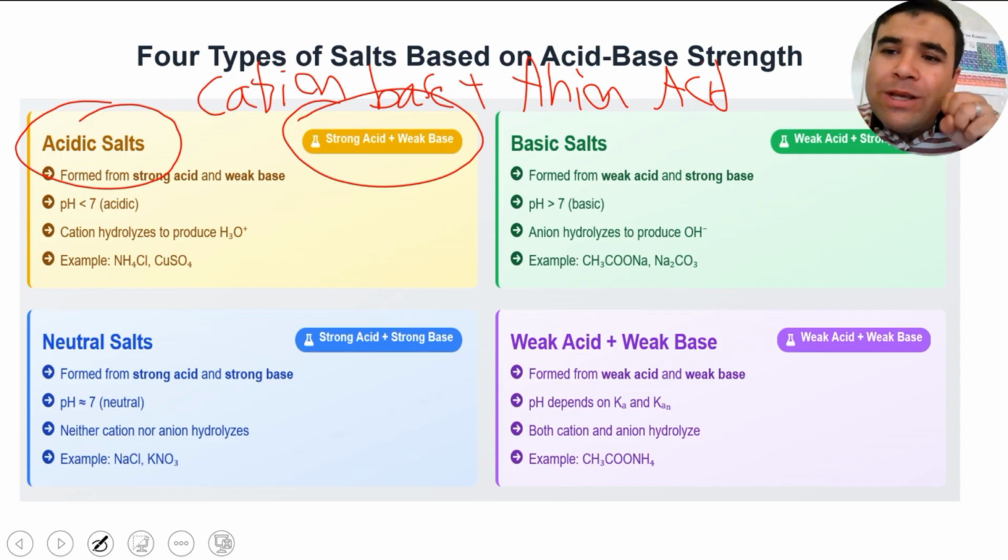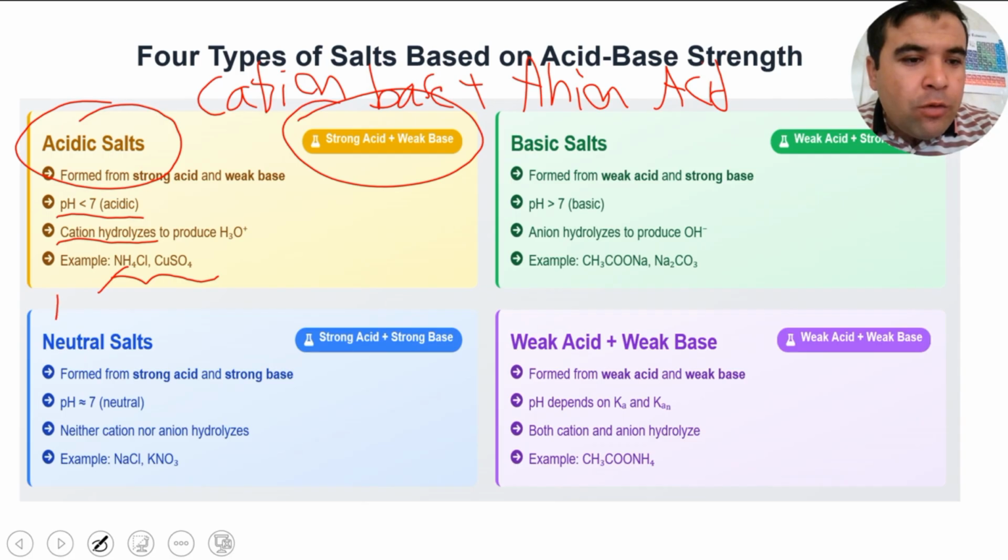The salt is classified based on which side is stronger. And you know that the acidic salt has a pH less than 7. It will go through cation hydrolysis. We'll be talking about the hydrolysis in chapter 6, guys. And then examples for that: NH4Cl, CuSO4.